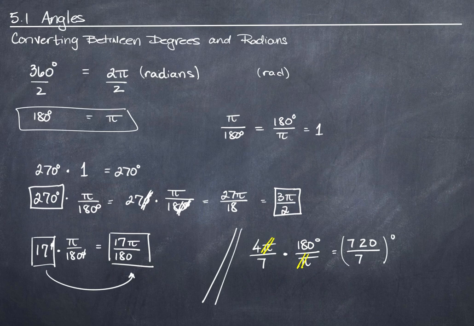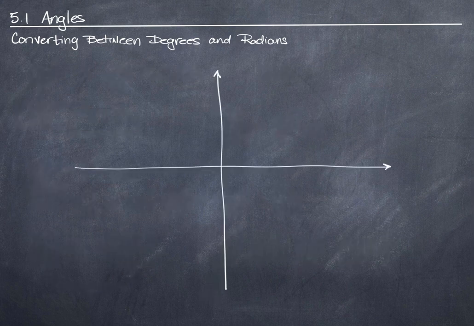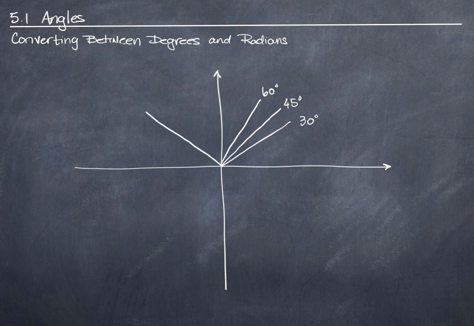Just as a quick and dirty introduction to that, we have angles in the first quadrant of 45, a little bit less than that, 30 degrees, a little bit more than that, 60 degrees, so 30, 45, and 60. And then we have equivalent angles in quadrants 2, 3, and 4.